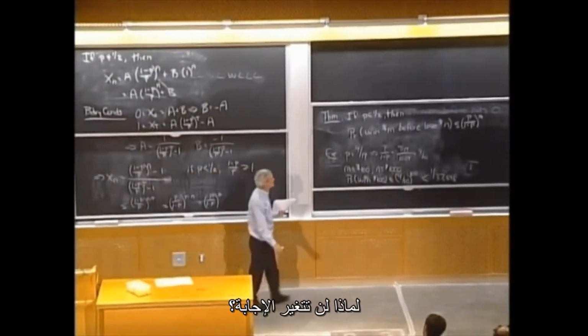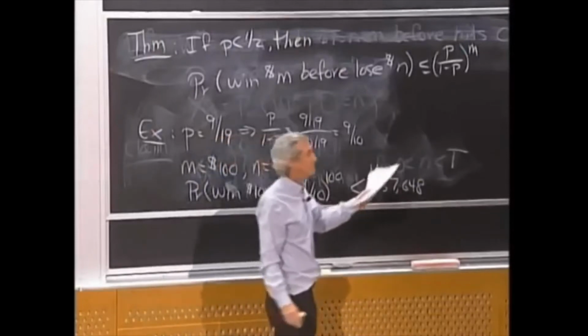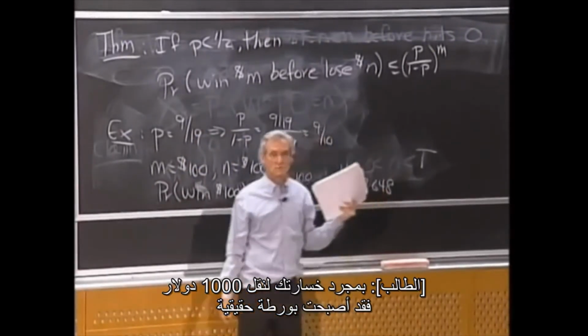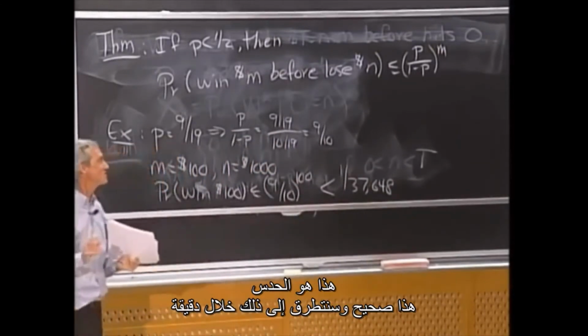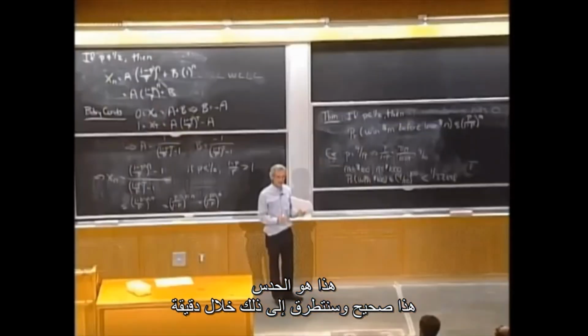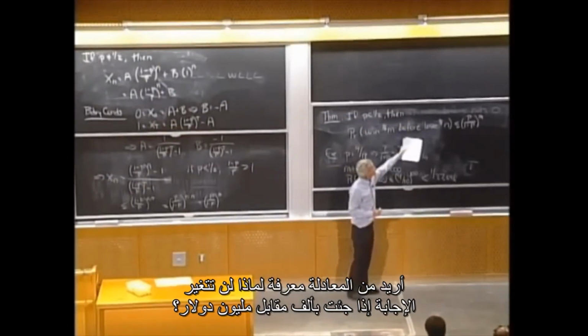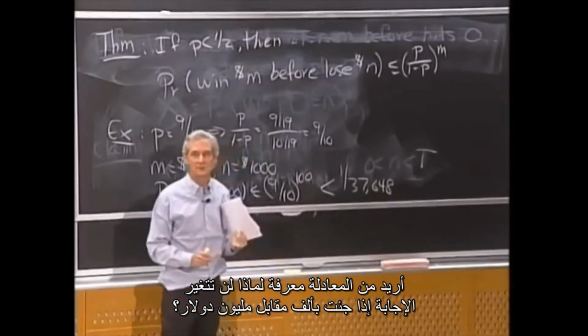Why is the answer not changing? Yeah. Once you lose, say, $1,000, you're already in a really deep hole. That's the intuition. That's right, and we're going to get to that in a minute. I want to know from the formula, why is it no difference if I come with 1,000 versus $1 million?